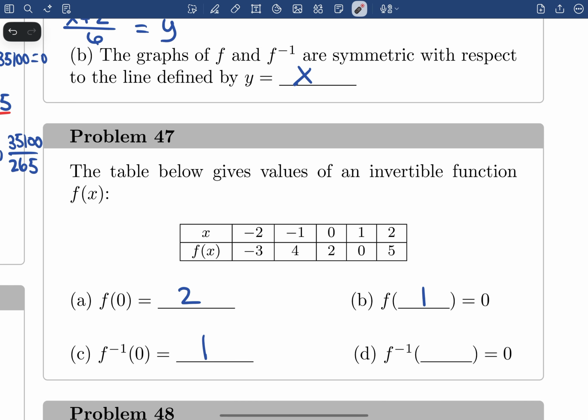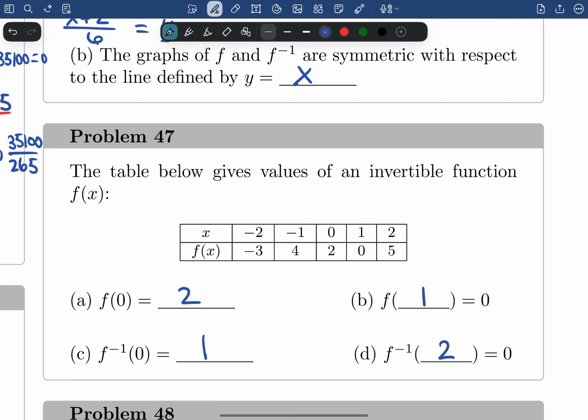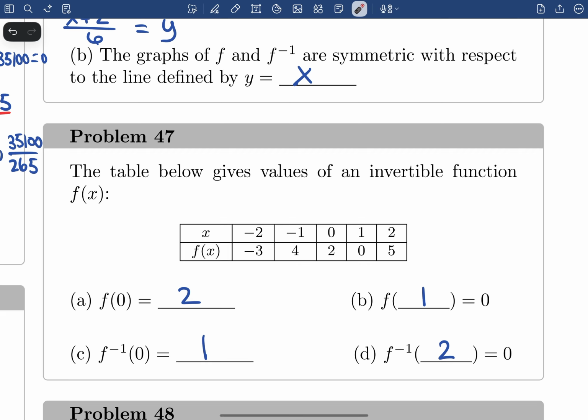Now, looking at this one, f inverse of blank equals 0. I would go to an x value of 0, and I would see that the output would be 2, so I put 2 right there. All right, so for parts C and D, we had to think about things in the opposite direction, because we're talking about the inverse function. Okay.